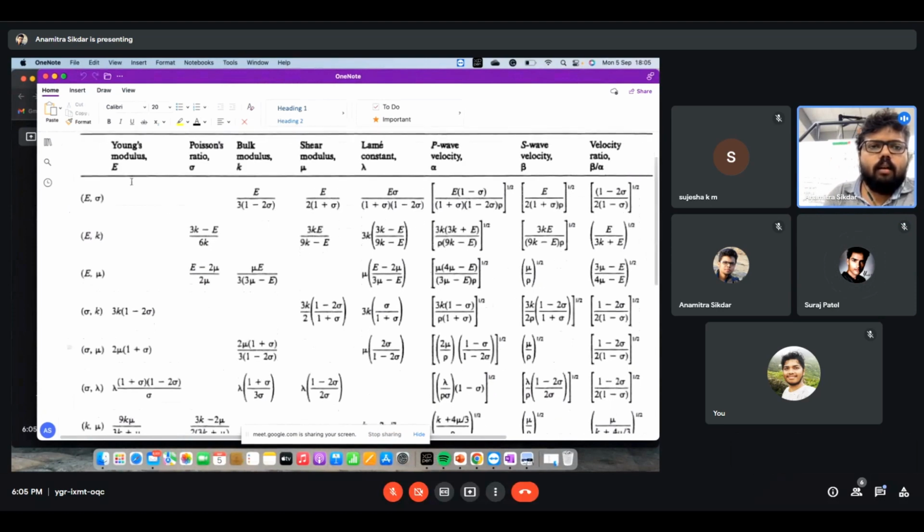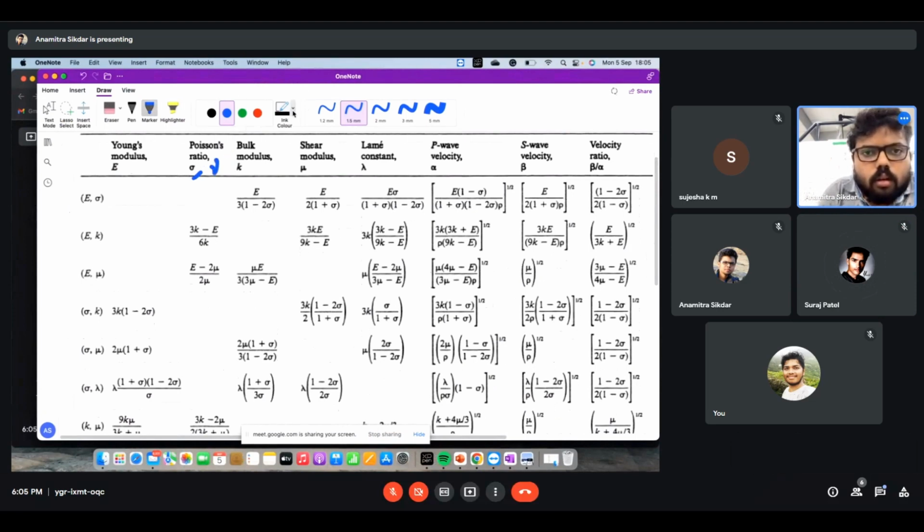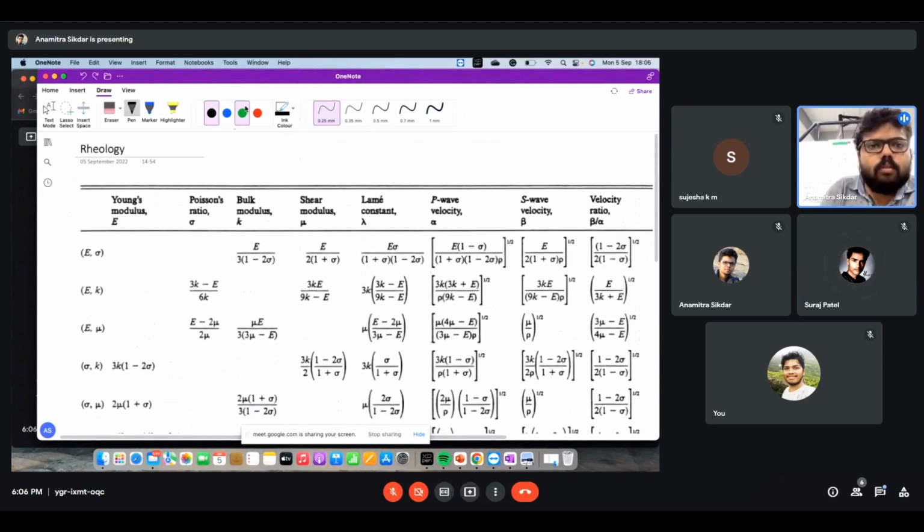So here the notations are a little bit different. For example, here this Poisson's ratio, we used to denote it with mu, right?